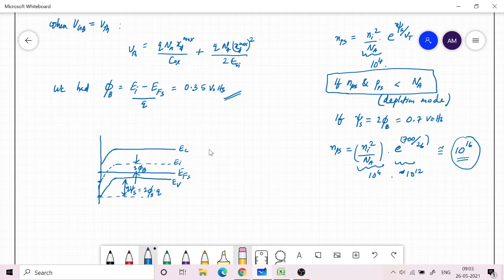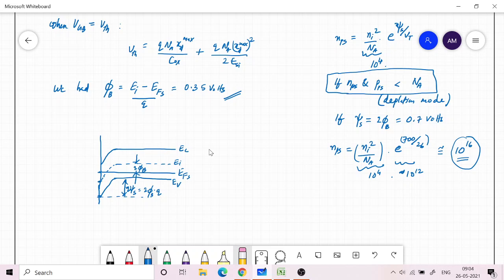As you push away the holes, when the holes are gone, you get a depletion region with immobile charges. That keeps on happening, but only up to this particular point where you reach a strong inversion, where psi s is equal to 2 phi b, and beyond which you will only have electrons coming in this region just beneath the oxide.